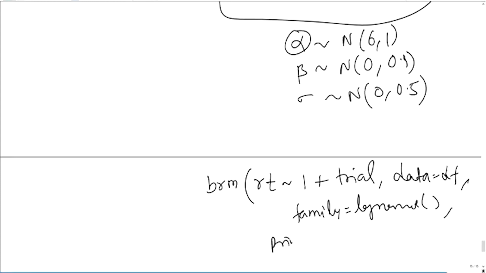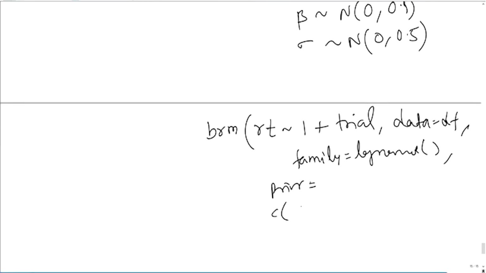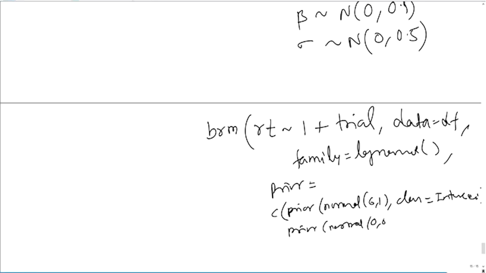And then you define all three priors. Let's say prior normal 6, 1 on class intercept. Similarly, prior normal 0, 0.1 on class b, so basically the slope.